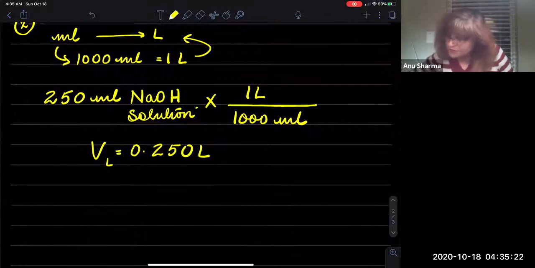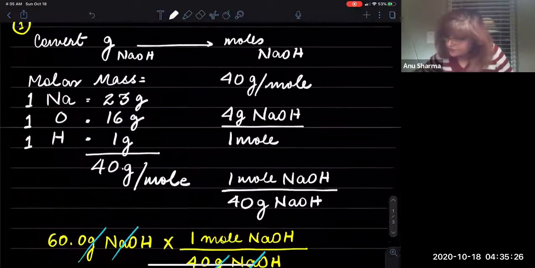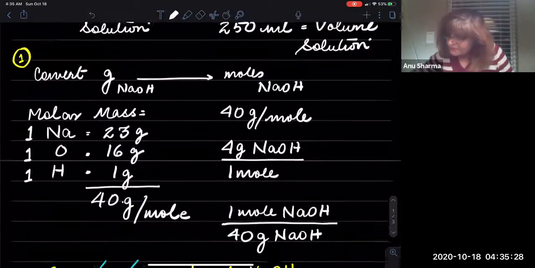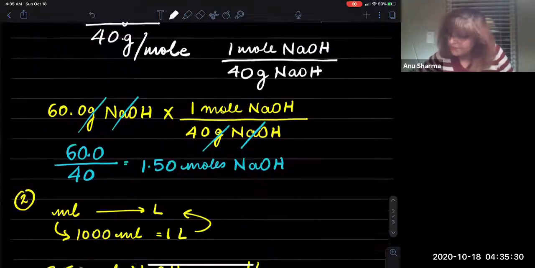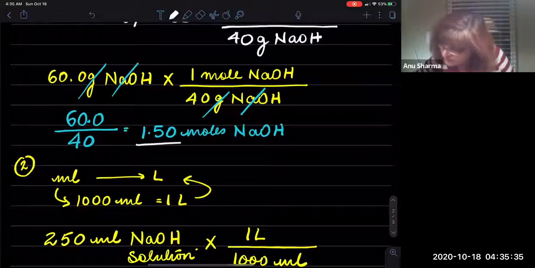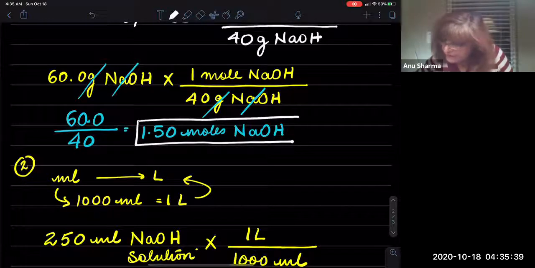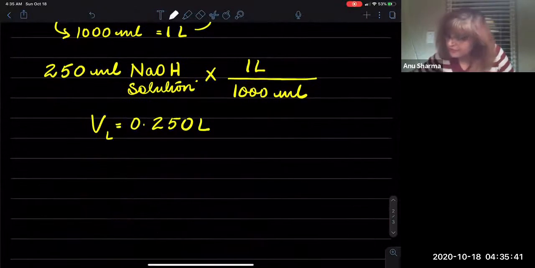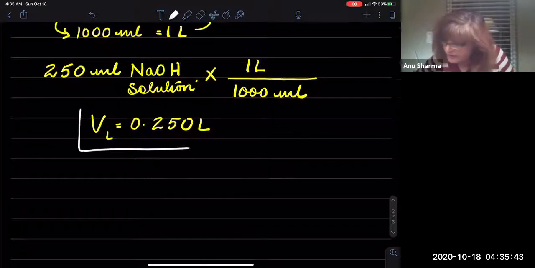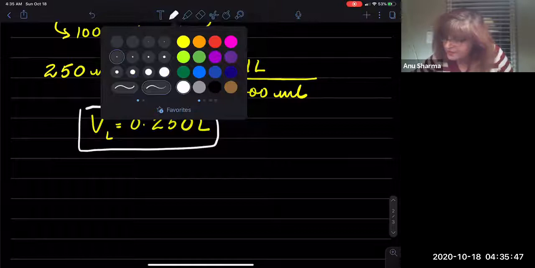Now you are going to put these two things together. You take the moles of the 60 grams of NaOH, which is 1.50 moles, and the volume, and put them in the formula.